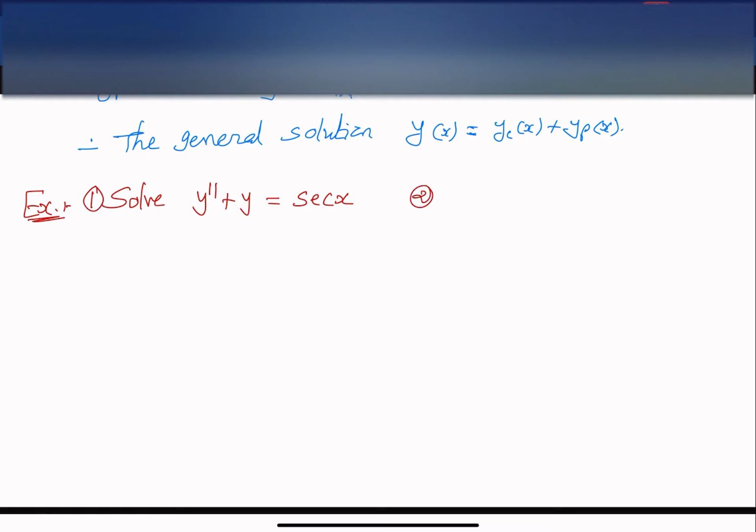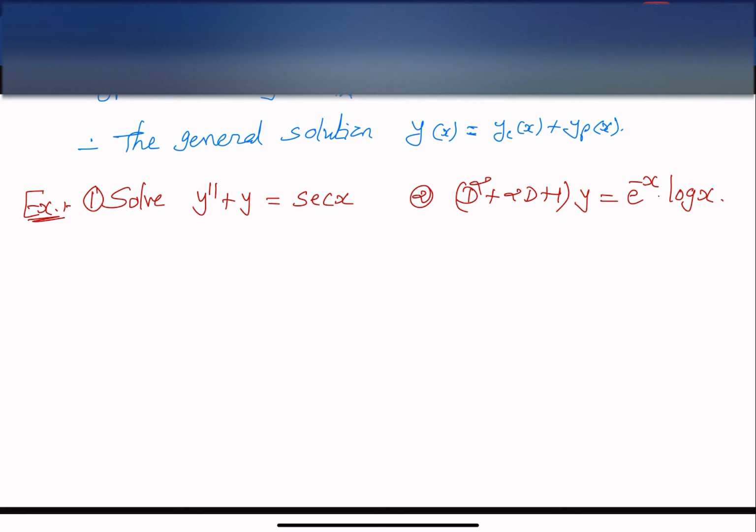Exercise number 2 is D square plus 2D plus 1 into y is equal to e raised to minus x into log x. Say, right. So again, here we have given log x. So our last method will not be applicable.